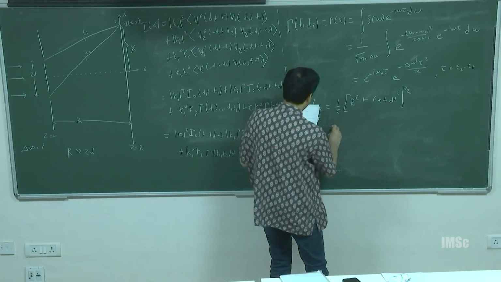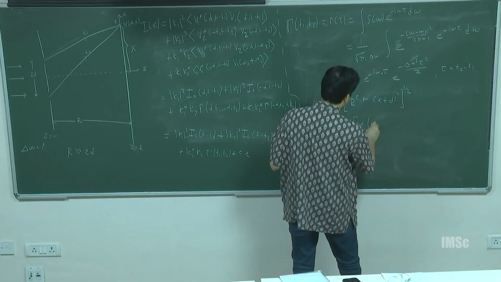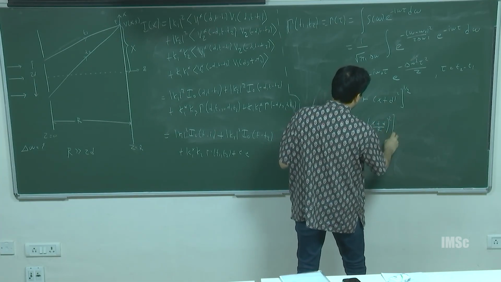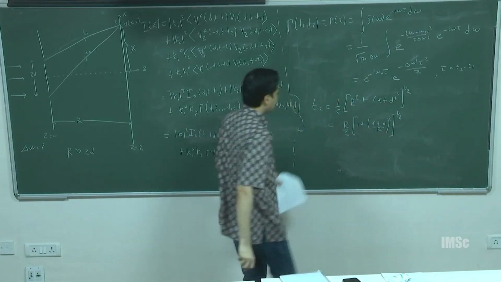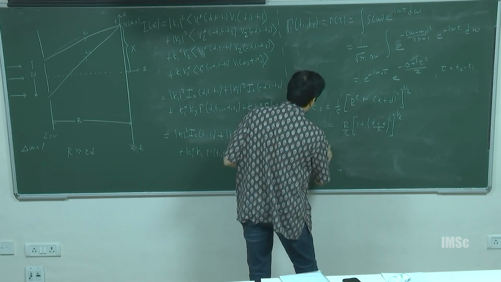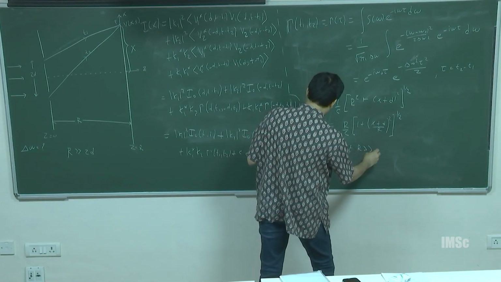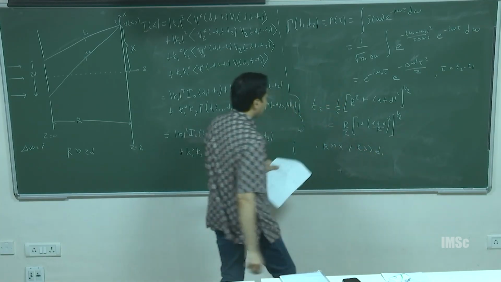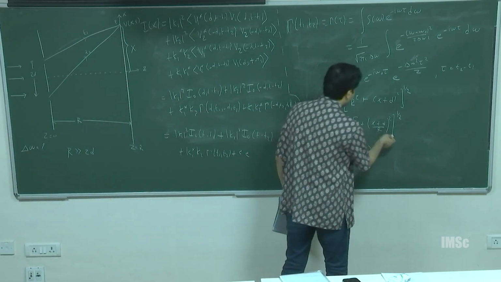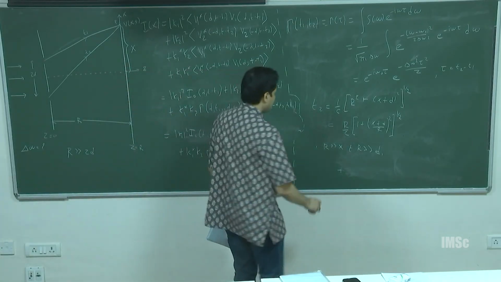So which means this is r over c times 1 plus x plus d over r, the whole square, raised to the power half. Now, since r is much larger than x and much larger than d, we are just going to make a binomial expansion and retain the term up to first order.